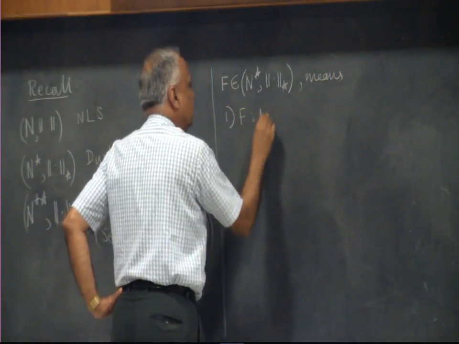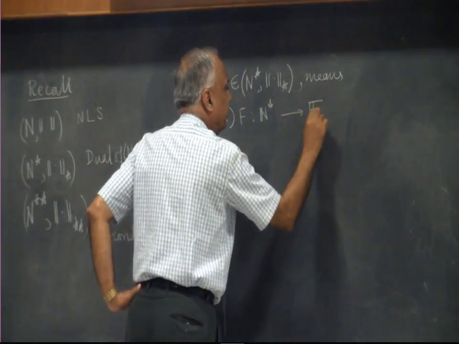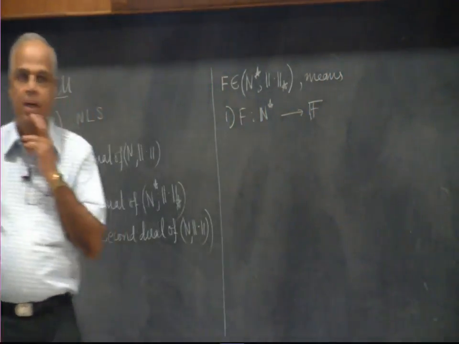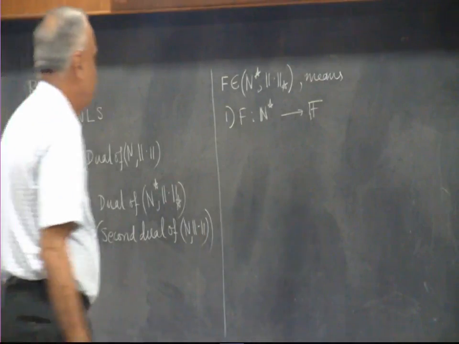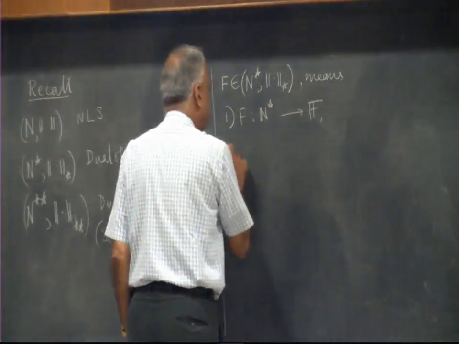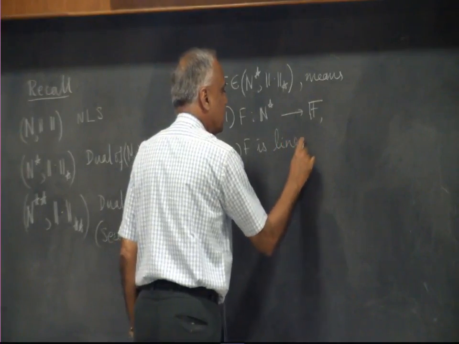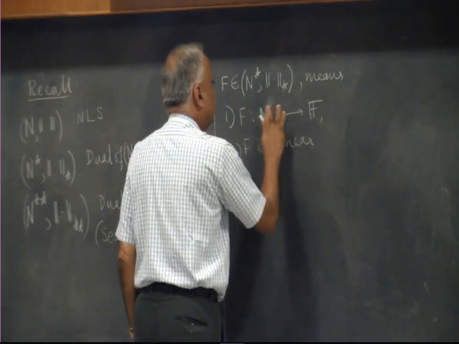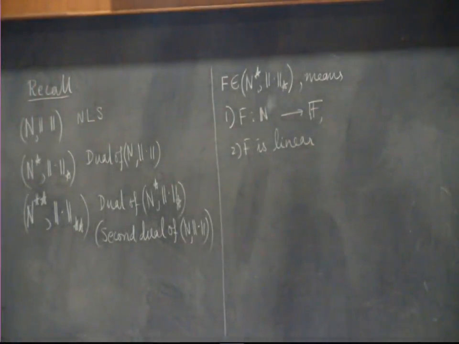F maps N to the field F. If it's a real norm-linear space, it maps to the real numbers. If it's a complex norm-linear space, it maps to the complex numbers. 2. F is linear, it preserves superpositions.